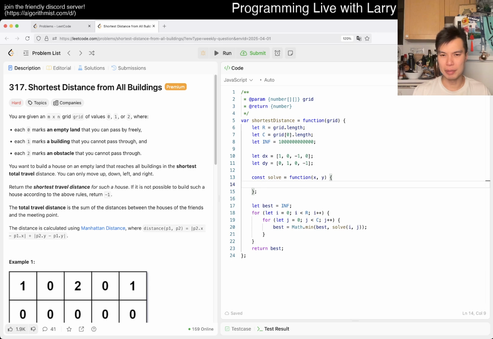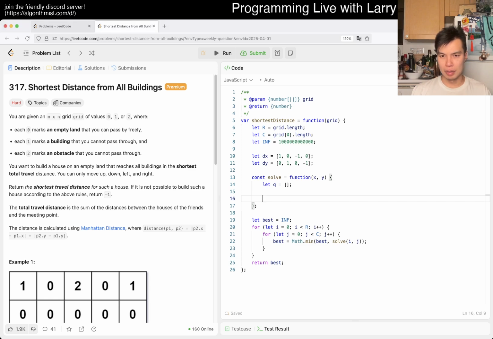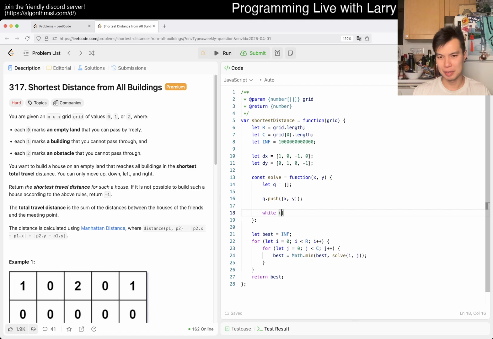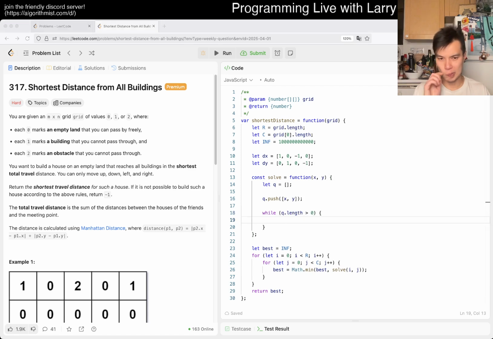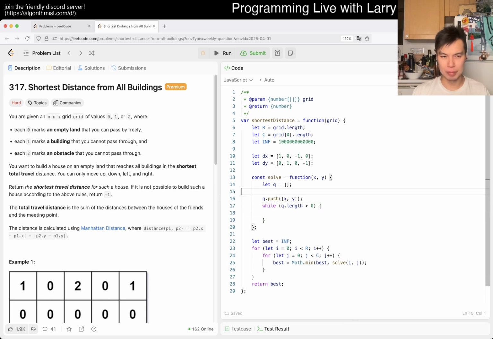Right, so here maybe we have Q. Is it append? A push, I think. Okay.